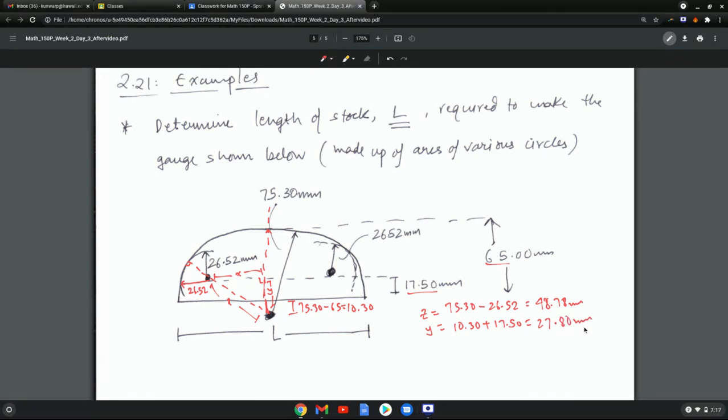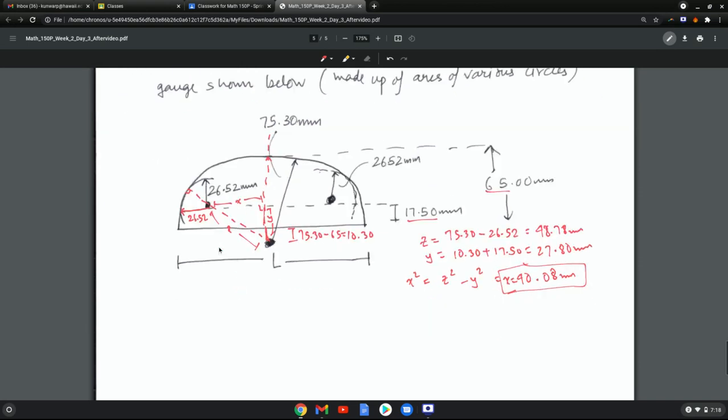27.80 millimeters. So my length x is going to be, x squared is z squared minus y squared, which when I plug in, and then I take the square root, so that's going to be 48.78 squared minus 27.80 squared, the square root of that, which comes out to x equals 40.08 millimeters.